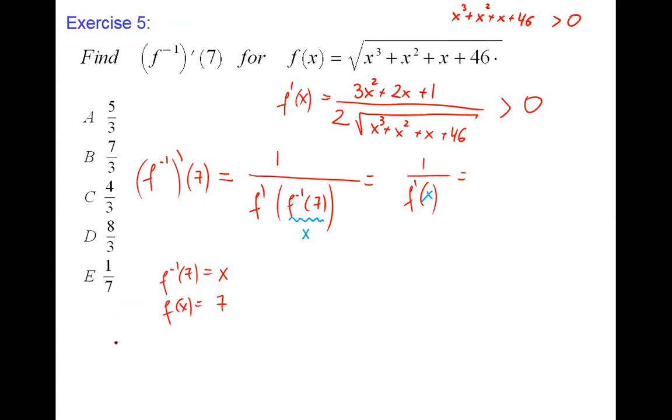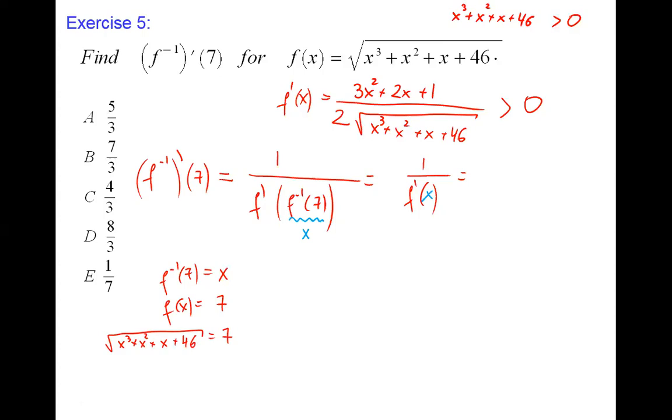Let's copy the function: square root of x cubed plus x squared plus x plus 46 equals 7. Wow. Now, we can try some algebraic steps, but it's actually not easy to solve this equation for x, because of that square root.